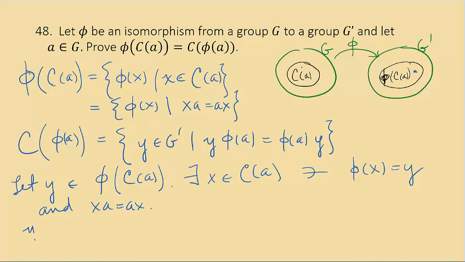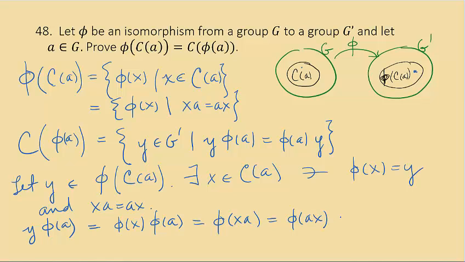So I just write down y times, or whatever the operation is, y phi of A is equal to, oh, we have our x. Y is phi of x. So it's phi of x, phi of A. Phi is an isomorphism, so it's phi of xa. Now that operation is in G, and x commutes with A. So it's phi of ax.